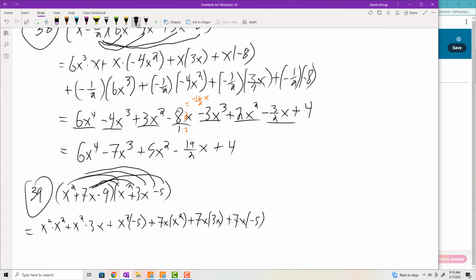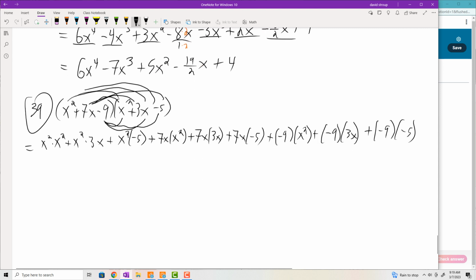Let's give myself a little more room. So negative 9 times x squared plus negative 9 times 3x. It's this one. And then plus negative 9 times negative 5. That's from the third one. So you should have 9 terms altogether.